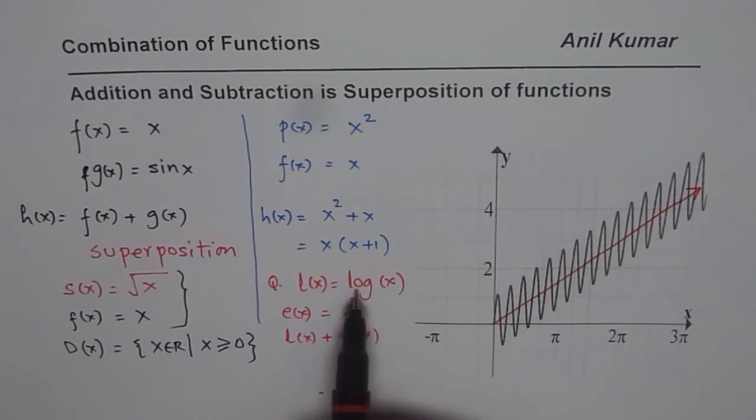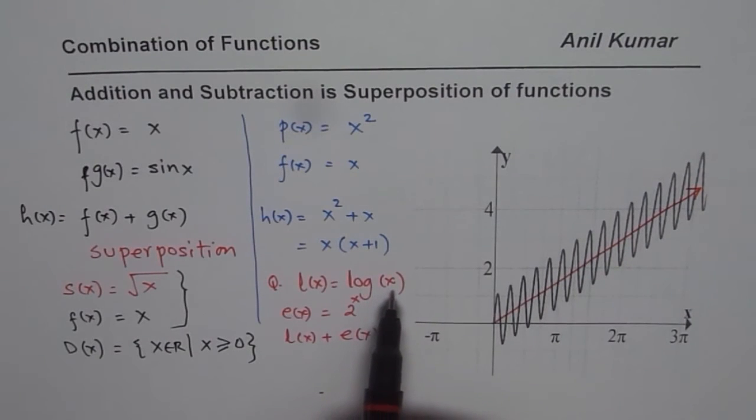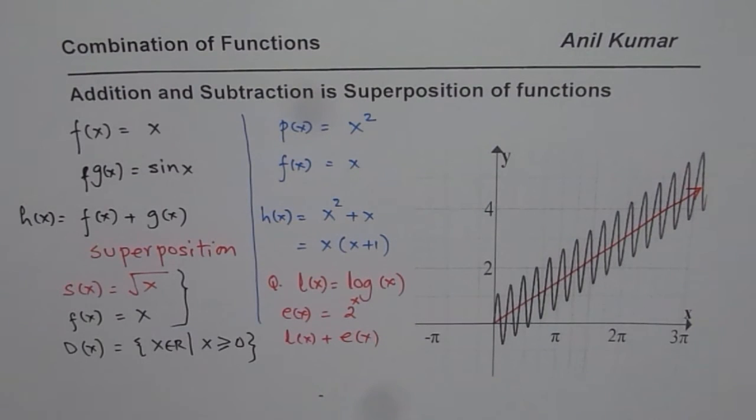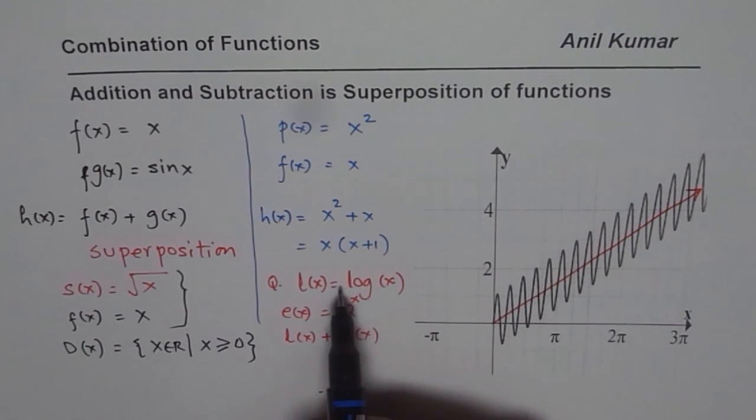Remember, log x domain is restricted. So when you do this kind of a combination, in that case, you have to take care of common domain, which will be greater than 0, right? So that is how you have to look into these particular functions when we consider addition or subtraction of functions. Subtraction is of course addition of negative of these, right?